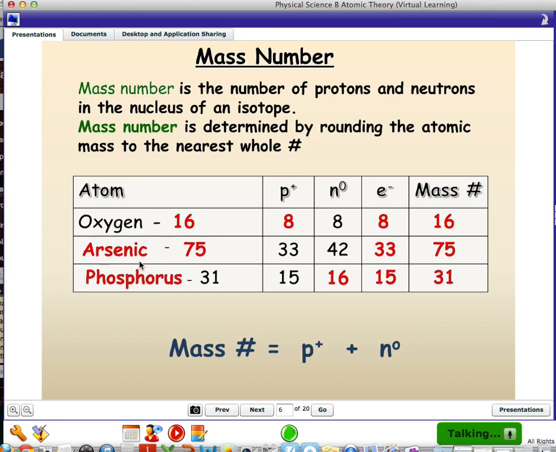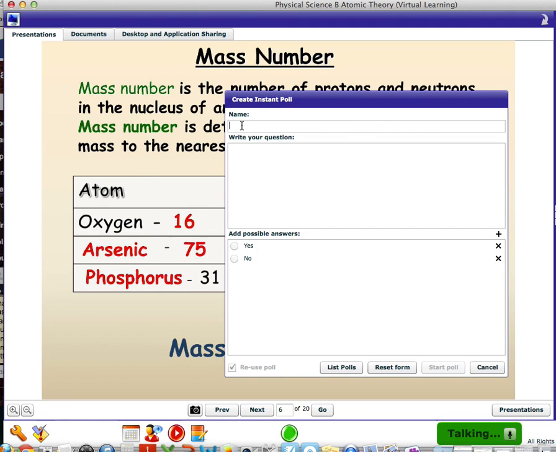So if we have 8 protons, that means that there must be 8 neutrons as well, because the protons and the neutrons are equal to the mass number. You just want to check in to make sure that that makes sense, because this is a big piece. Does everybody understand how to determine the number of protons, neutrons, and electrons, given a mass number and an element number?